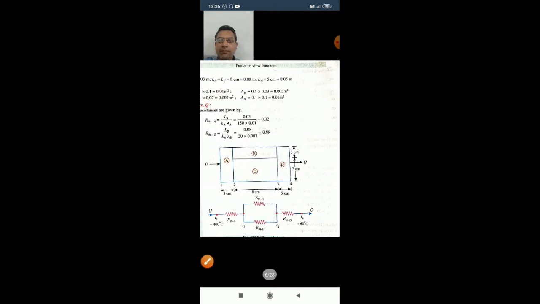0.147 is the equivalent thermal resistance of the combined surfaces B and C. So what I mean is, I'm just representing the diagram.